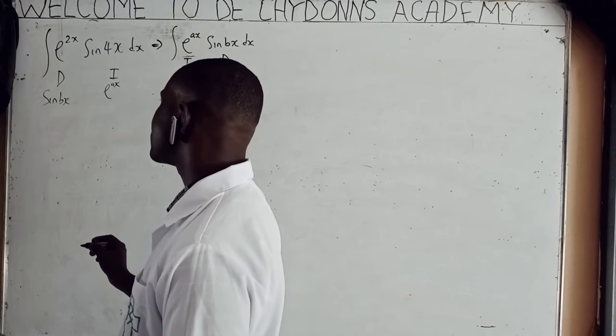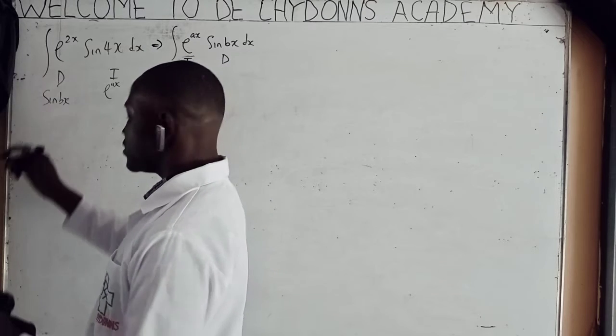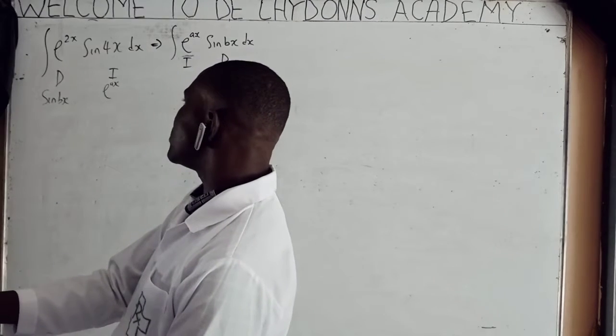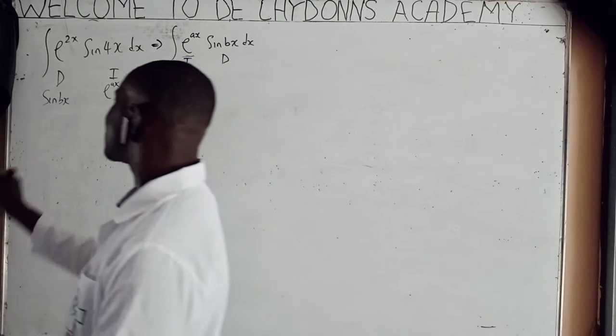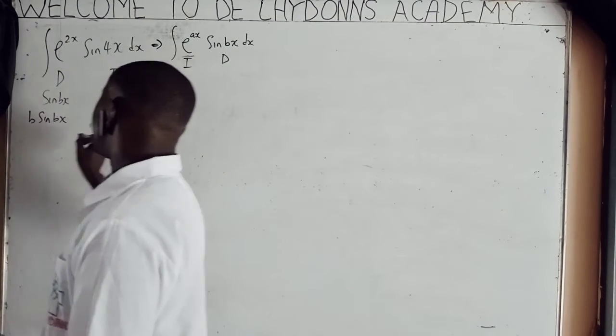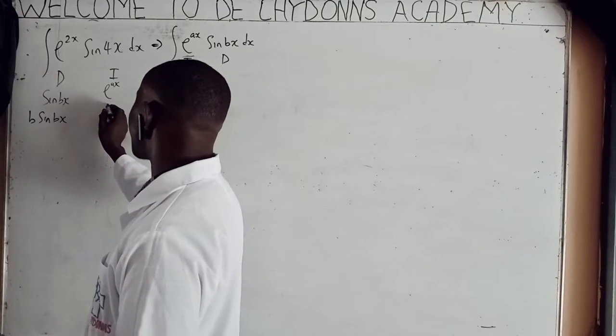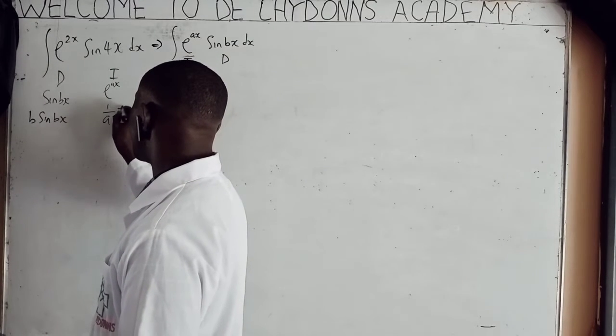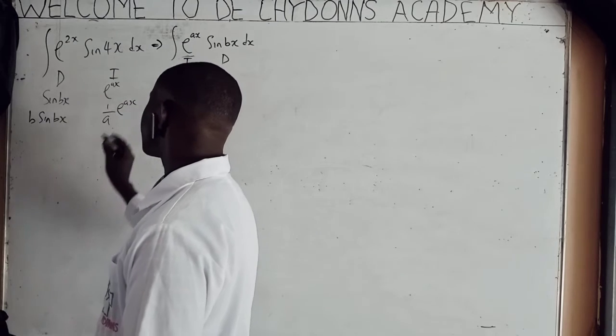This D means differentiate. So when you differentiate sine bx, you'll be getting b cos bx. When you integrate, you'll be getting 1 over a exponential ax.